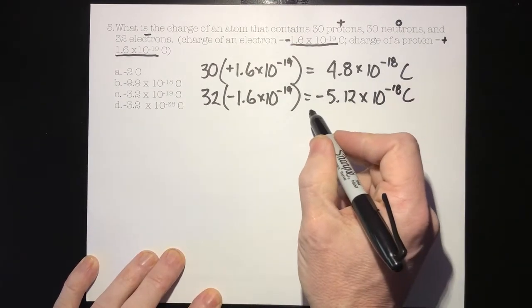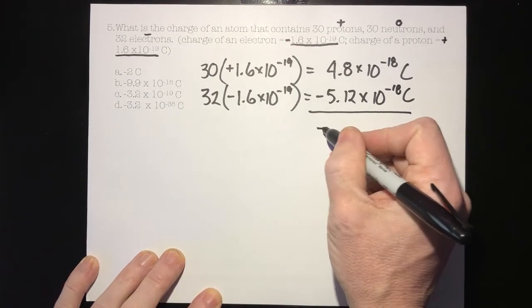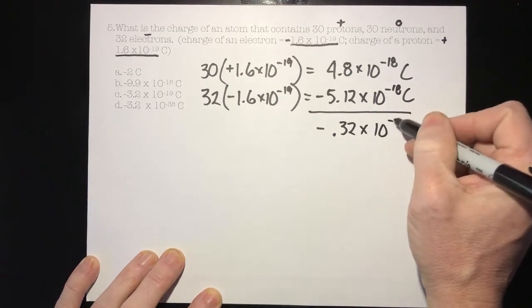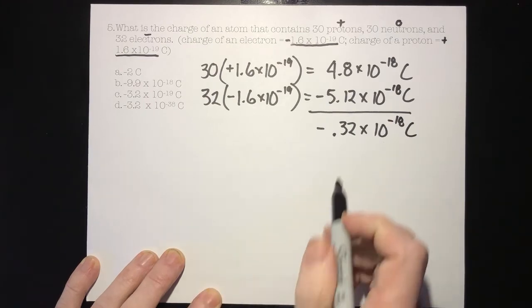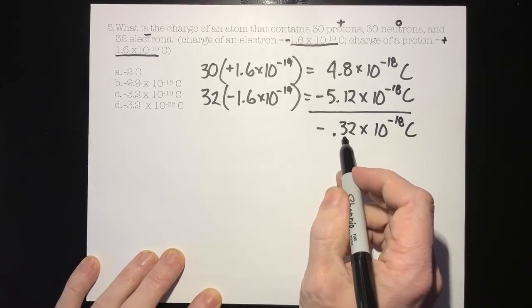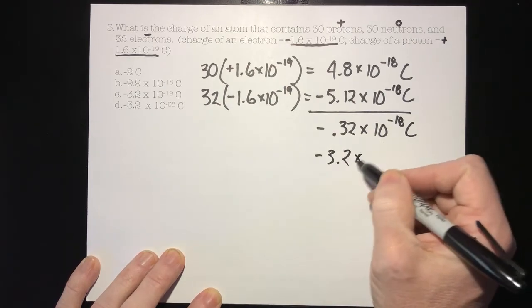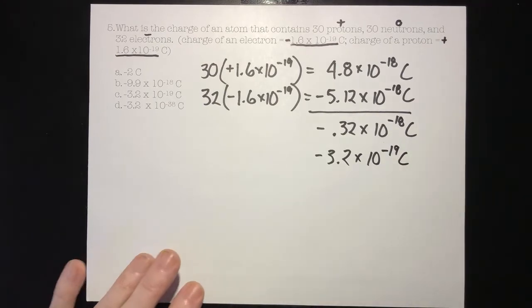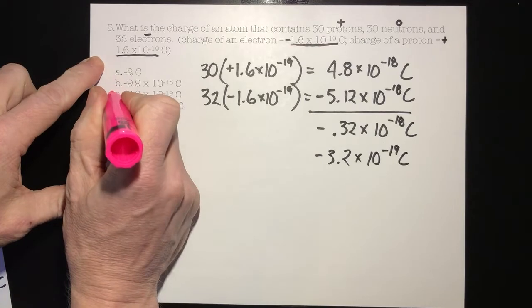When we add those together to get our net charge, we get a net charge of negative 0.32 times 10 to the negative 18 coulombs. If we move the decimal over one place, we get negative 3.2 times 10 to the negative 19th coulombs, which matches our answer for letter C.